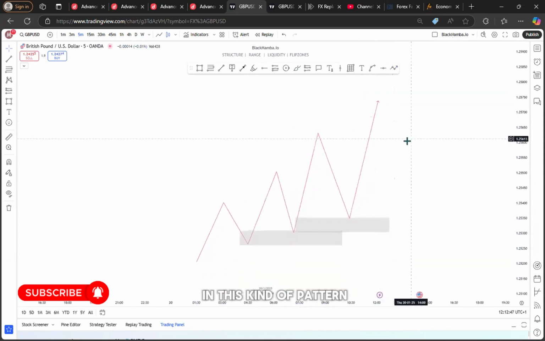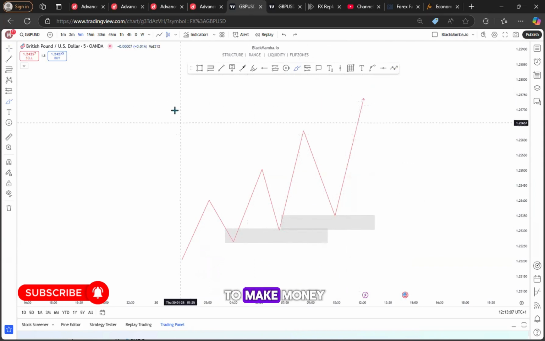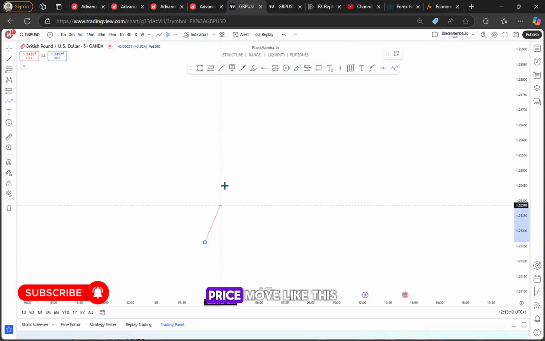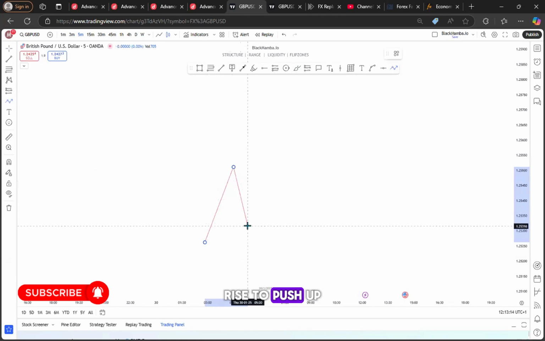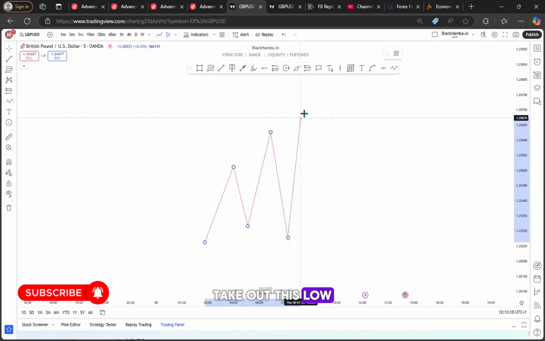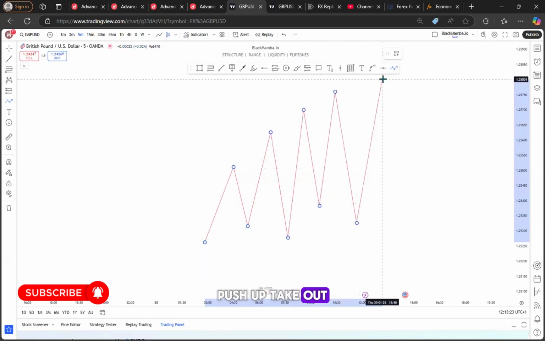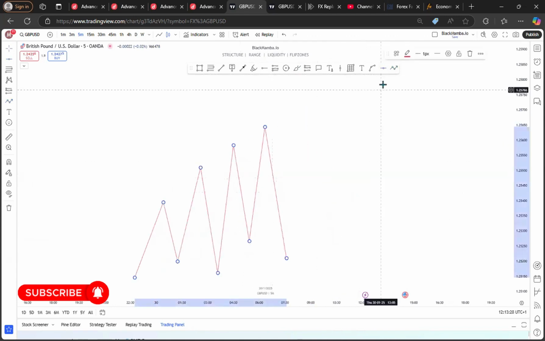If price is moving in this kind of pattern, it will be very easy for a trader to make money. But instead, price moves like this. Price will push up like this, take out this low, push up, come back down, push up, take out this low, push up again.